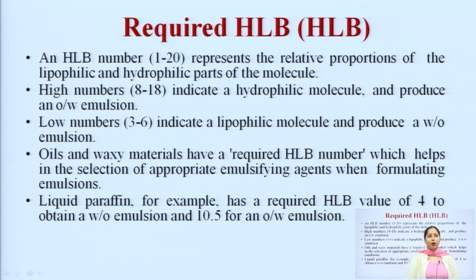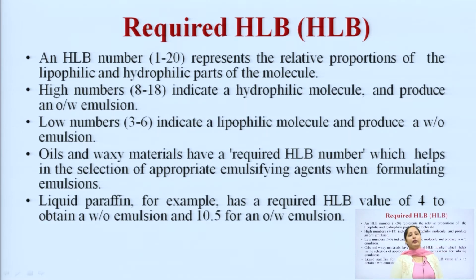Oil in water type of emulsion. Low HLB values such as 3 to 6 indicate lipophilic molecules and produce a water in oil type of emulsion. So, if we go downward, an HLB value of 3 to 6 indicates that the emulsifying agent is more oil soluble. So, what type of emulsion will be formed? Water in oil type of emulsions will be formed.